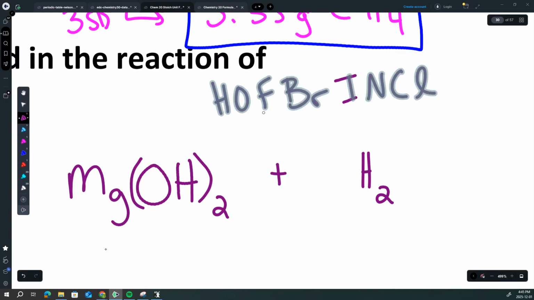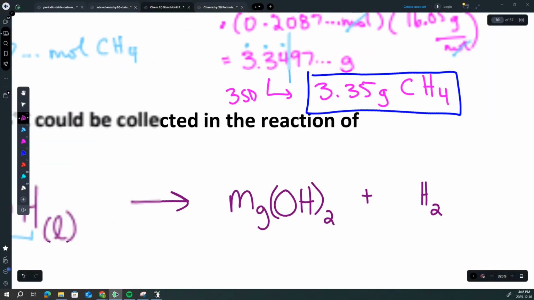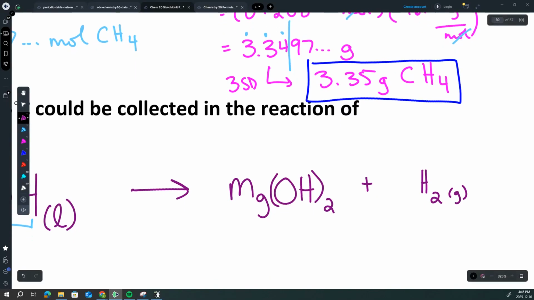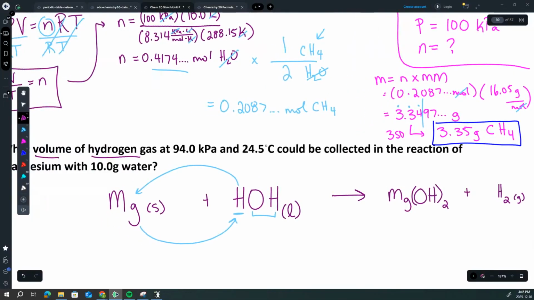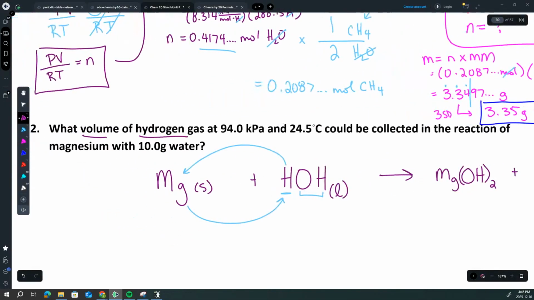Okay? And then hydrogen's going to be a gas. All right. Another kind of confirmation that we have hydrogen as a product is, like I said earlier, the question tells us hydrogen gas is being collected.